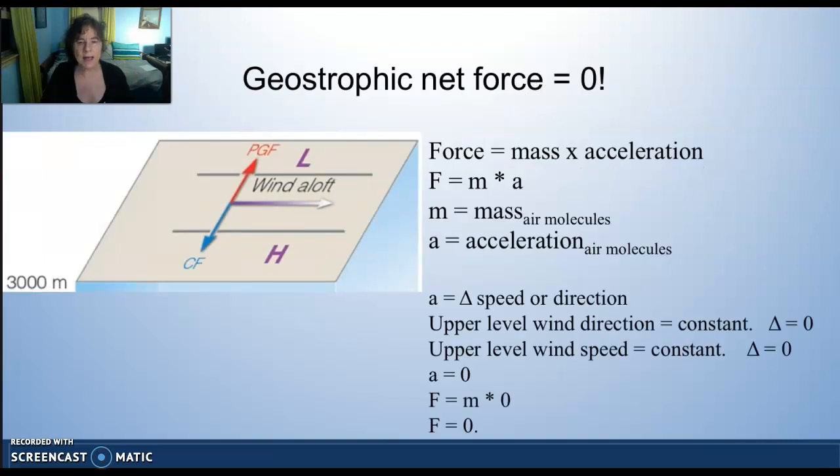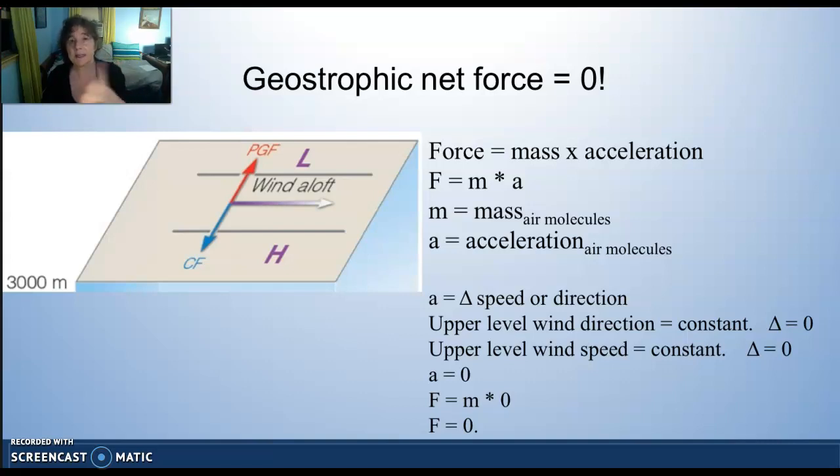And conversely, I want to go over the fact that geostrophic winds have a net force of 0. Now you may say, these are very, very strong winds, and they are. They can go up to 250 miles an hour. And how can they have a net force of 0? Well, it depends on how you identify and define force. We define force in physics as F equals ma.